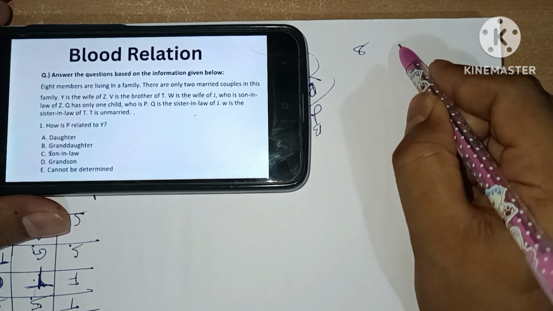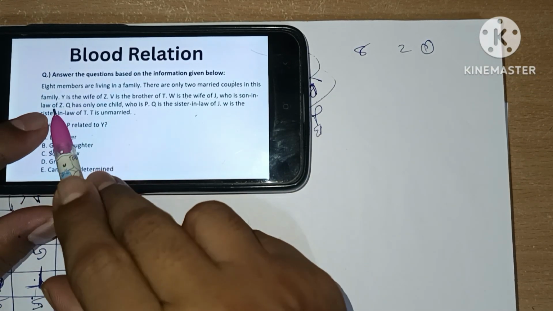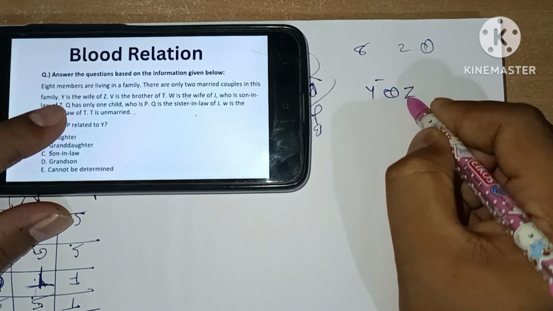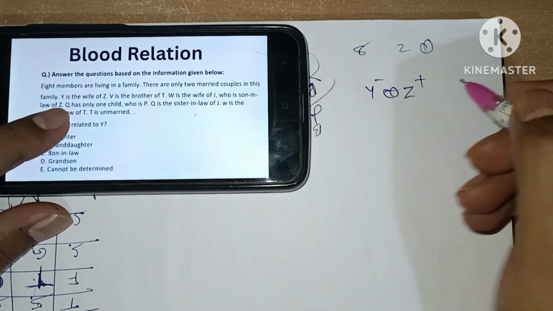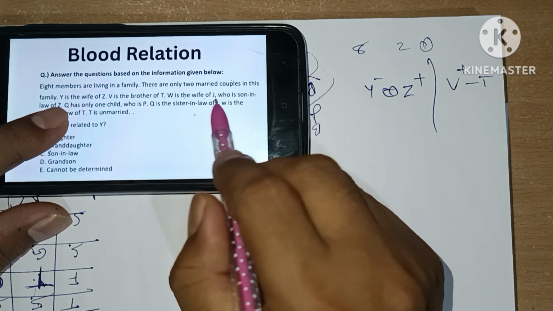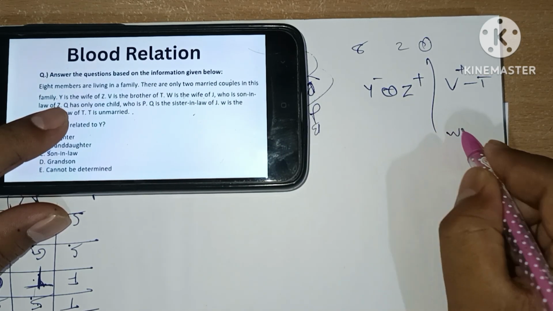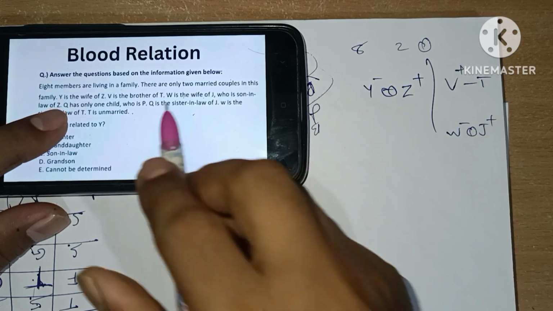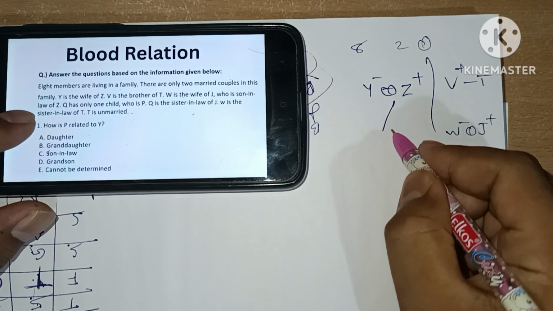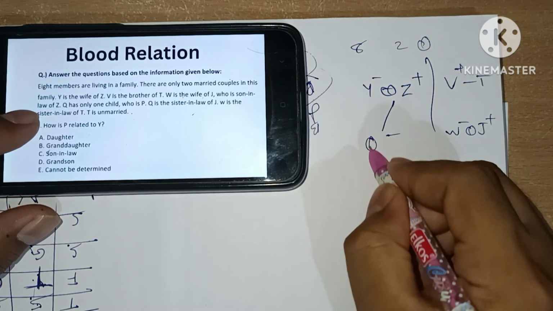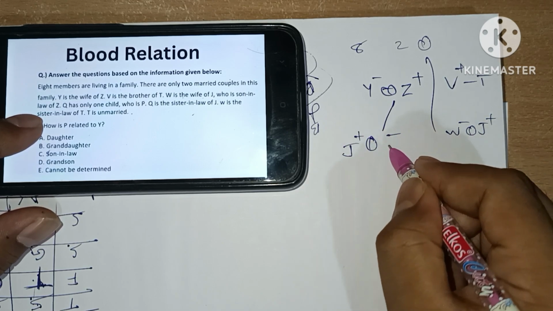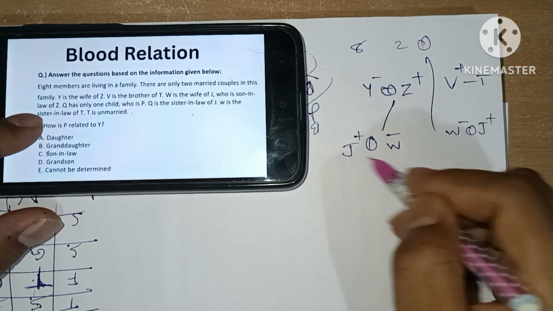Y is the wife of Z. V is the brother of T. W is the wife of J, who is the son-in-law of Z. So son-in-law of Z means Z has a daughter. The daughter's husband, son-in-law, is J. J is married to W. So we got these.